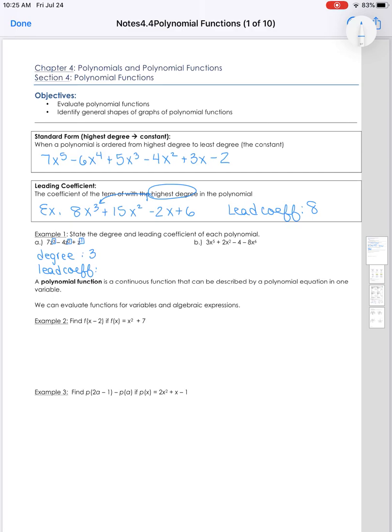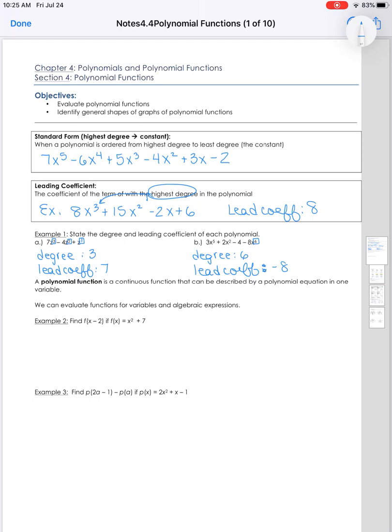So for the first example, it says state the degree and the leading coefficient. So remember, when we did degree in the previous section, that's the highest power or the highest monomial power that we have. So the degree would be 3, because this is 3, this is 2, and this is a 1.